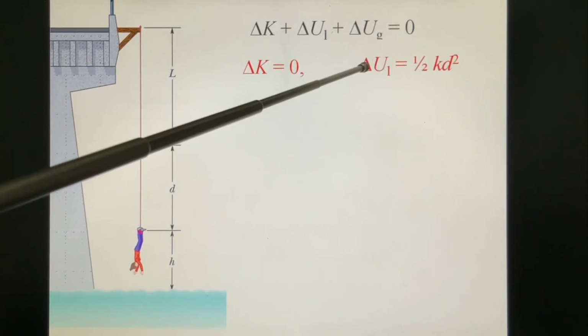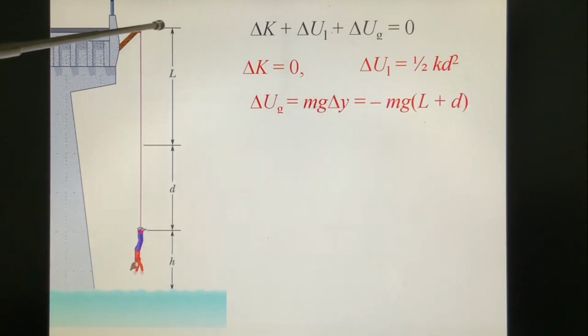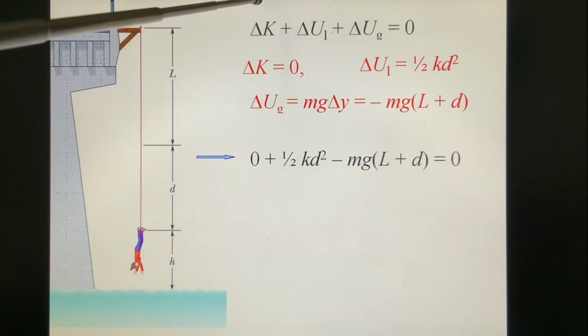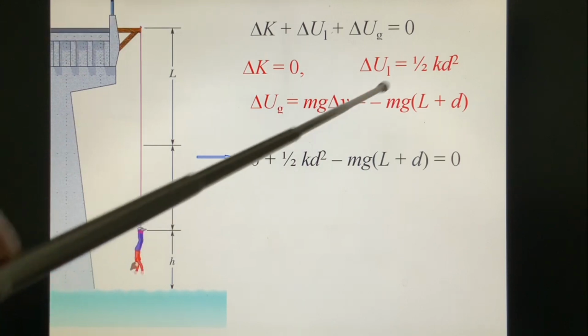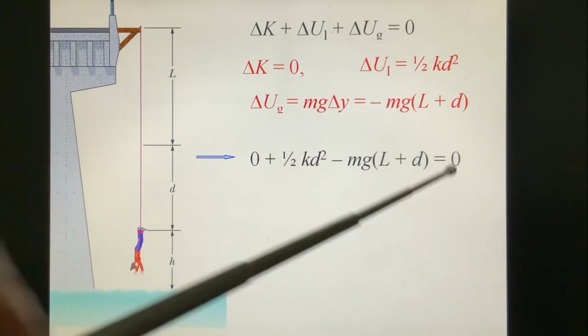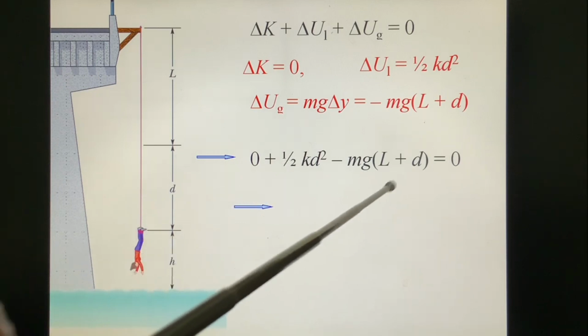Originally it doesn't have any, so delta U_L is this. And delta U_G is m g delta y, where delta y is minus (L plus d). We put this in and we get that the sum equals 0. Moving this term, we have m g d minus this equal to 0, so from this we can find d.